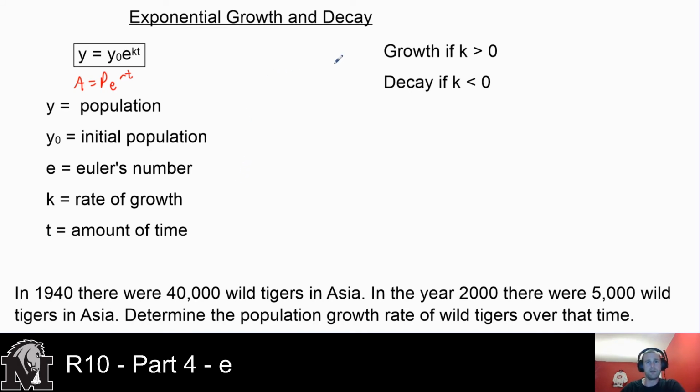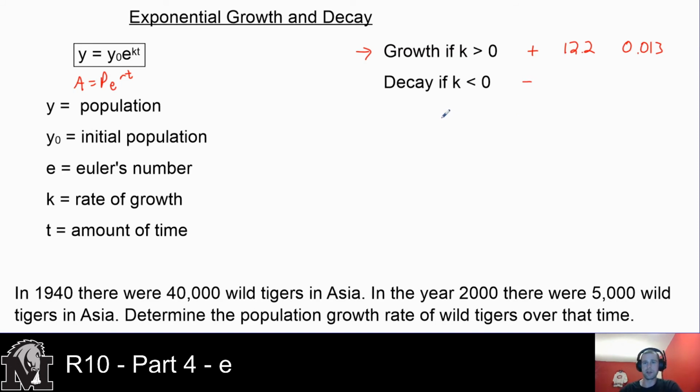Now, the one key point I want to point out is that our value for k here represents growth if our k value is positive. So that could be something like 12.2 or it could be 0.013. As long as it's positive, then we have exponential growth. If our k value is less than 0, meaning it's negative, then we have exponential decay, which means something is shrinking.